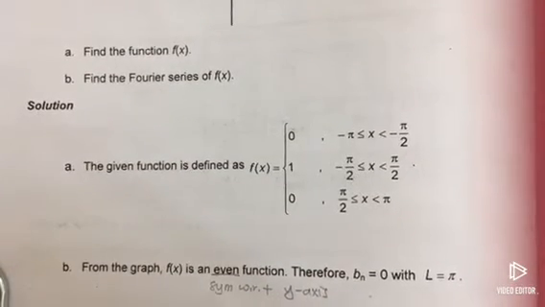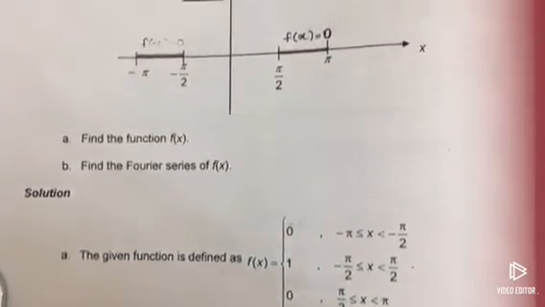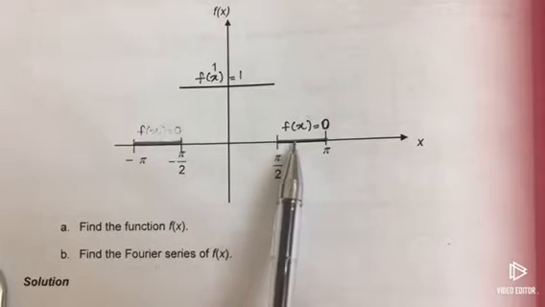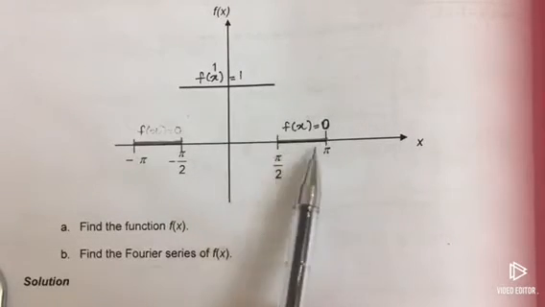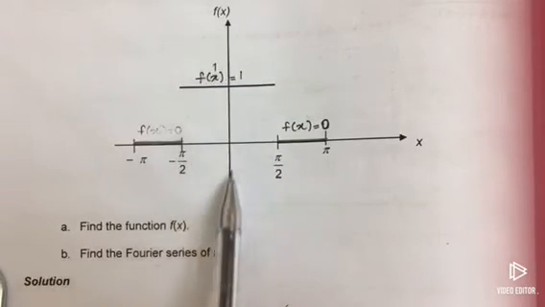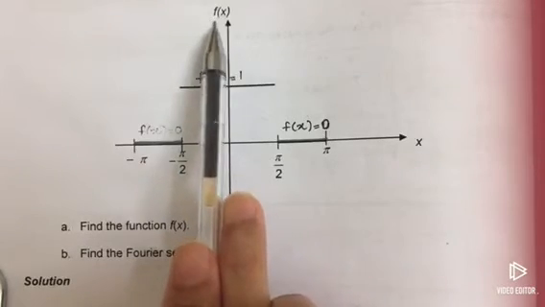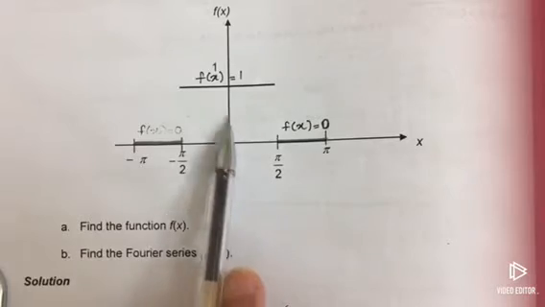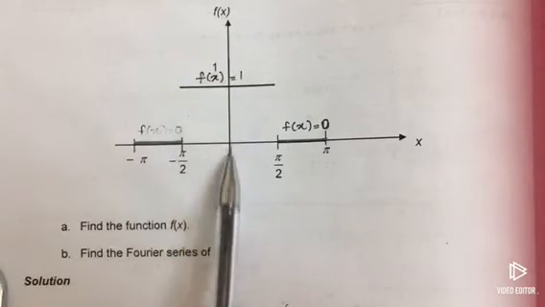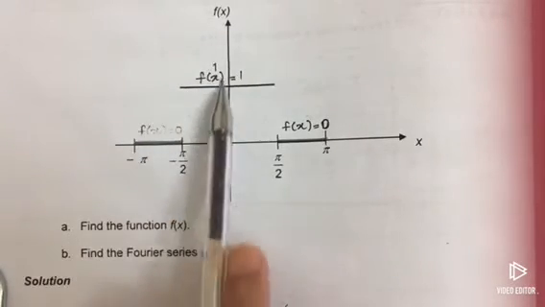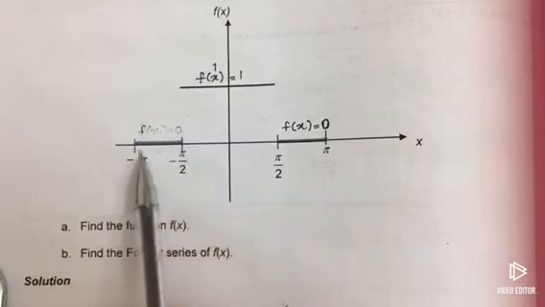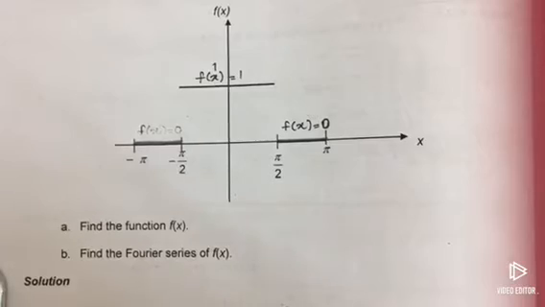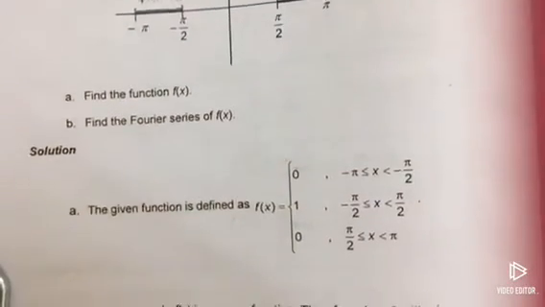So we can refer back to the graph. On this graph, we can see that the two parts are symmetrical with respect to the y-axis, because when we fold the graph with respect to the y-axis, the left side mirrors the right side.